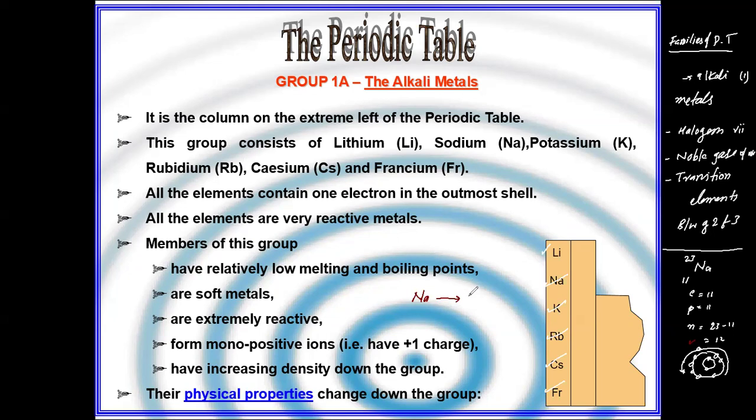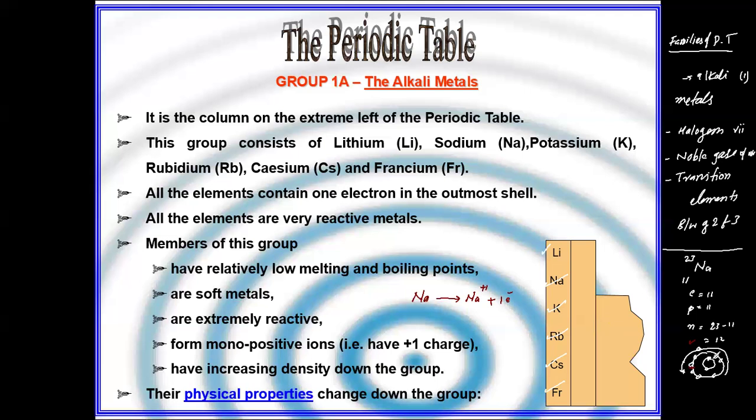So when sodium loses 1 electron, the outer shell electron goes. The remaining shell, this one, will have 8 electrons. So why do elements lose or gain electrons? Metals lose electrons, non-metals gain electrons, or sometimes non-metals share electrons with each other. Why does this happen? Just to get stability.